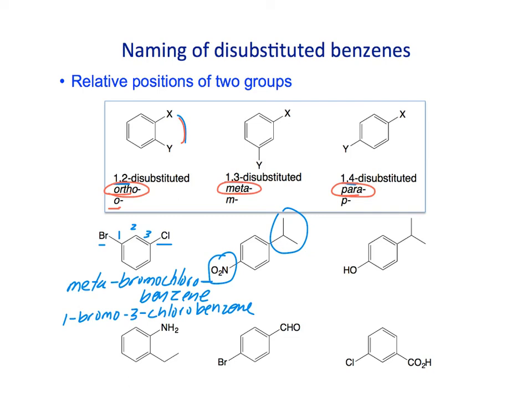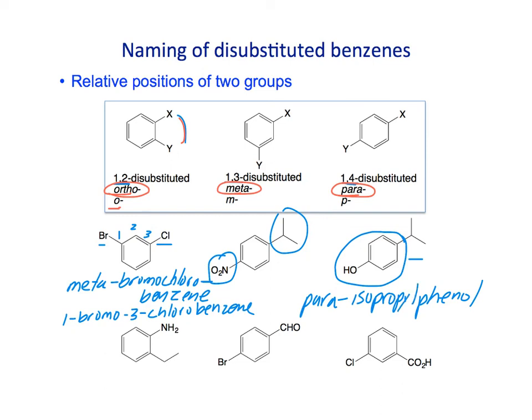Now the next one, notice that we have one of the monosubstituted benzenes that we learned in here. So what's this one called? This is phenol. So we can say that this is para-isopropylphenol.